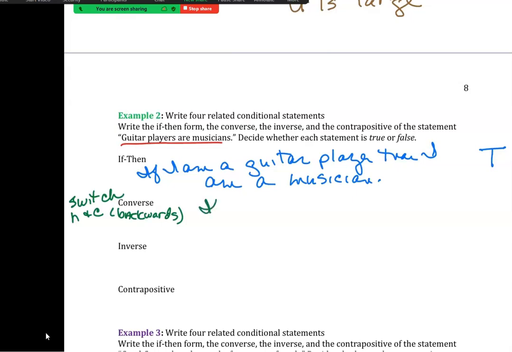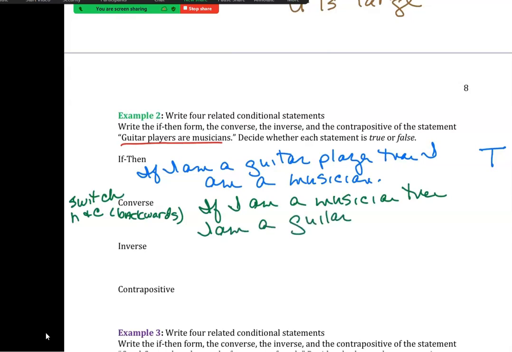So write it backwards. If I am a musician, then I am a guitar player. That is false, because if you're a musician, maybe you play the drums. So that statement, the converse, is not true, it's false.